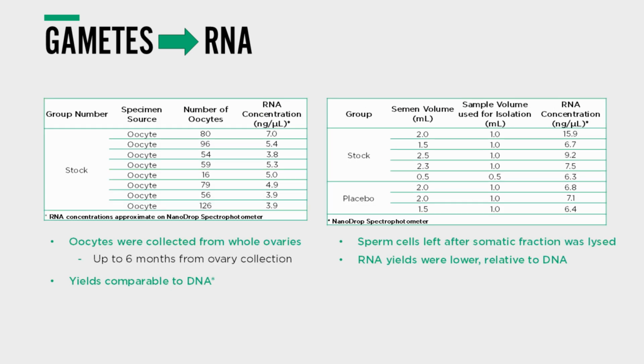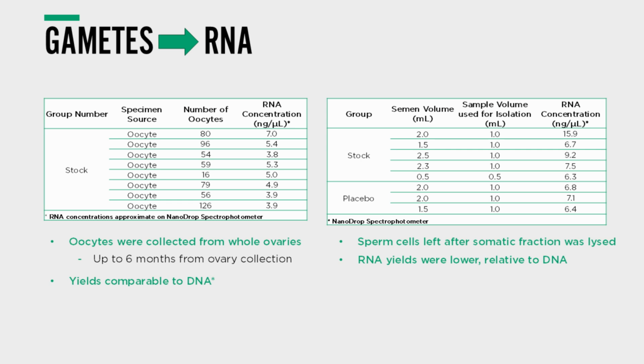This slide is showing our RNA isolation results from gametes that we isolated. So the data shown here, there were a few different variables involved compared to those of the gametes for the DNA isolation. The oocyte counts are very different. They range from 16 to 126 oocytes, and these were from whole ovaries.